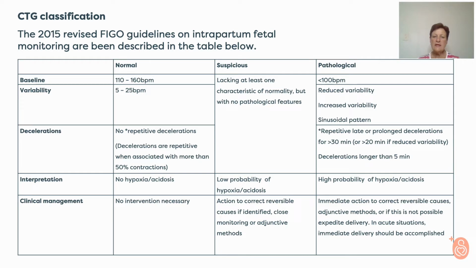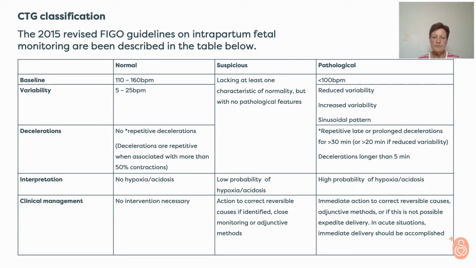And they say these fetal heart patterns are normal if the baseline is between 110 and 160 beats per minute, the variability is between 5 and 25 beats per minute, and there are no repetitive decelerations. And we have said repetitive decelerations means decelerations with at least 50% of all contractions.